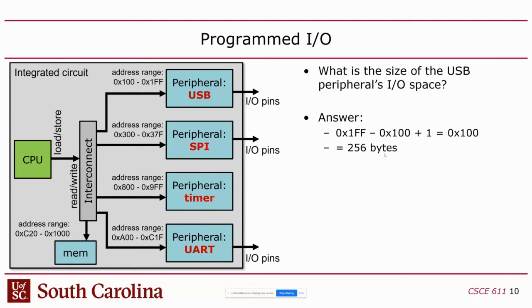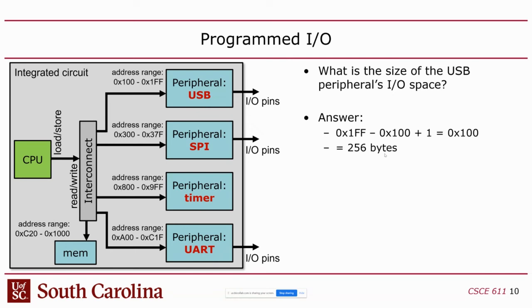So if we assume that we're talking about byte addresses, which every system I've ever seen has been byte addressable, which is kind of weird because you would expect that at this point we'd be dealing with larger units of data than bytes, but computer systems are still standardized on byte addressing.